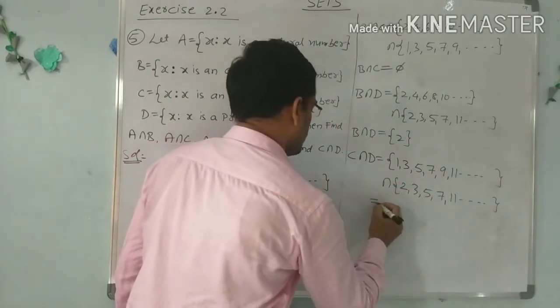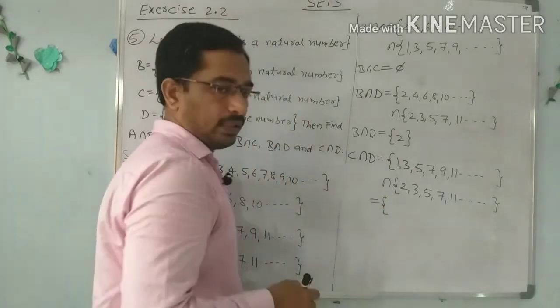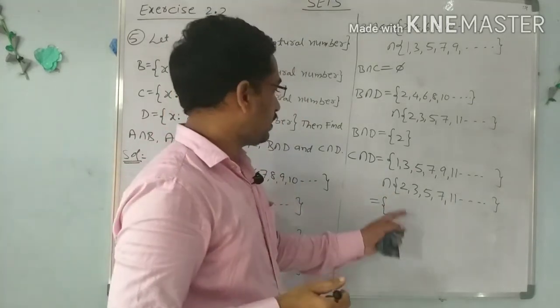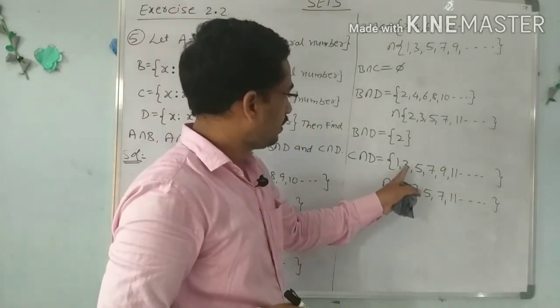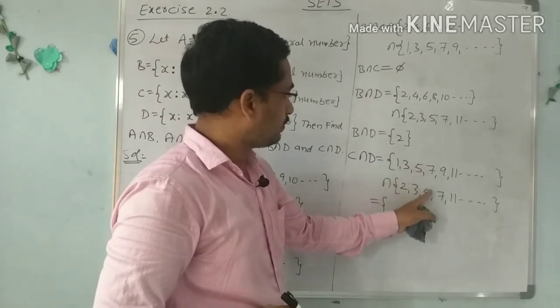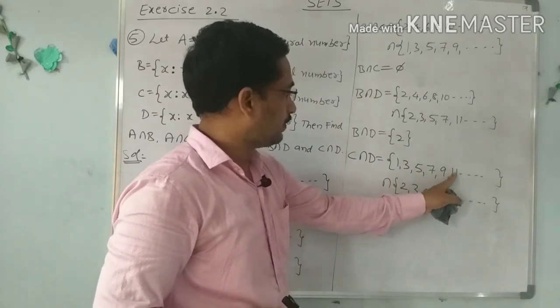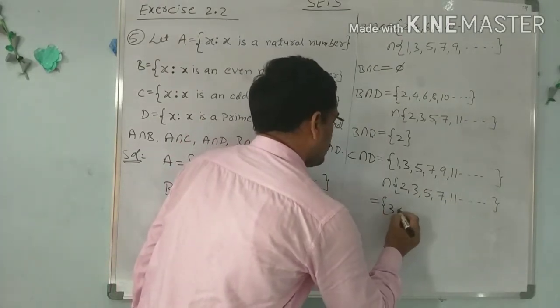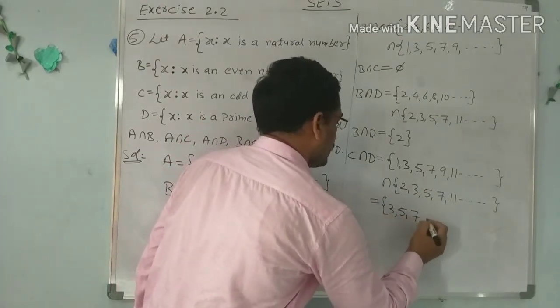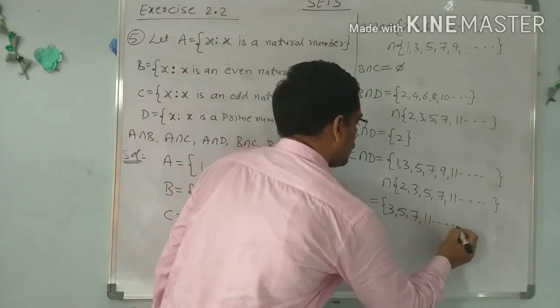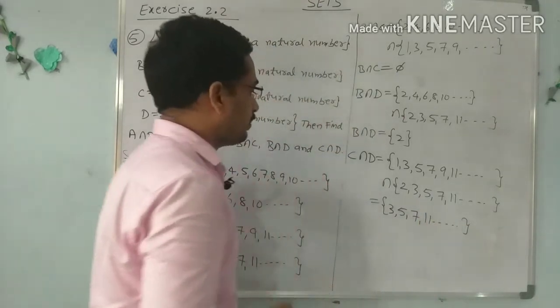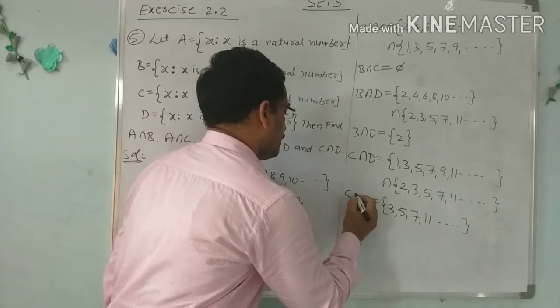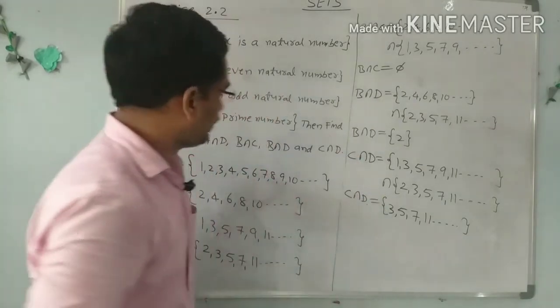So intersection means the common elements, so write the common elements. What are the common elements? 3, 5, 7, 11 and so on. So these are all the common elements of C intersection D.